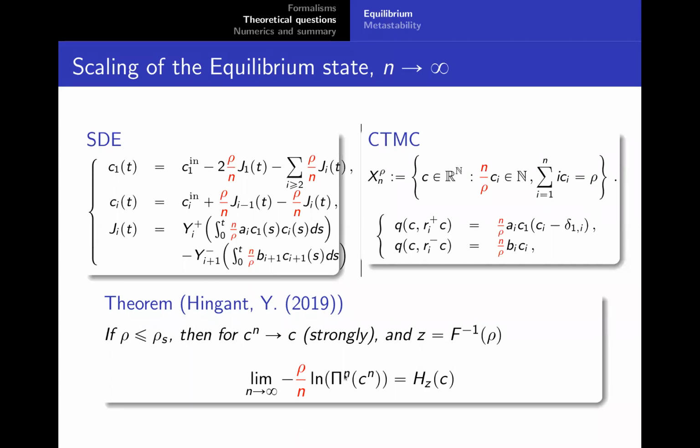And once again, we started from a more or less recent work from David Anderson and co-authors that relates, for complex balance stochastic reaction networks, the distribution or the logarithm of the distribution with the entropy, with the Lyapunov function. And we were also surprised to see that the same relation holds.